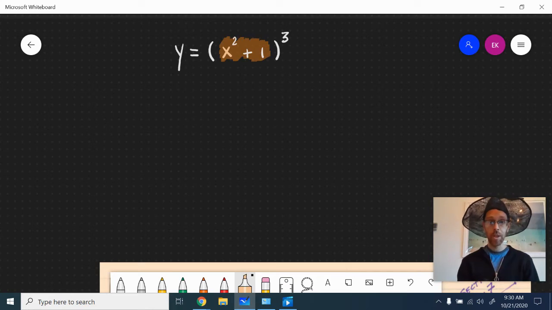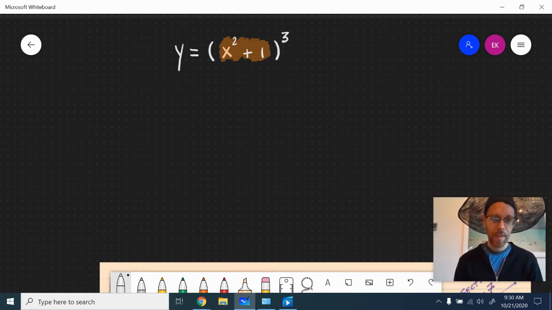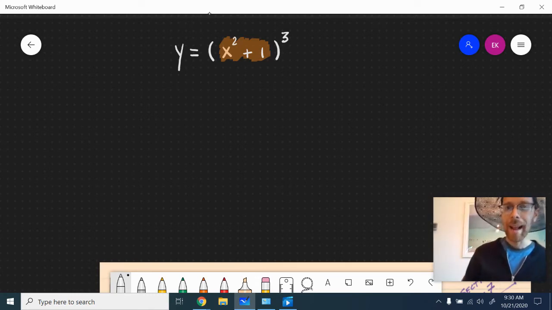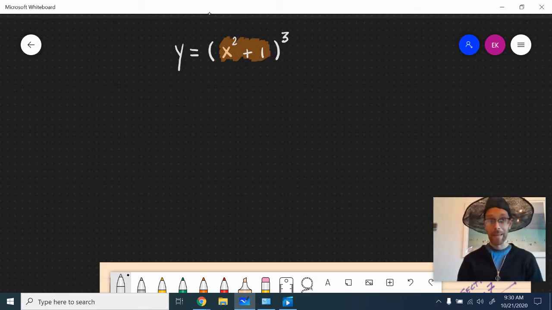So for instance, the function that you see right here is the composite of something cubed and x squared plus 1. Now, I'm going to start by doing this one the non-chain rule way, the kind of painful way, and that's by expanding it first.